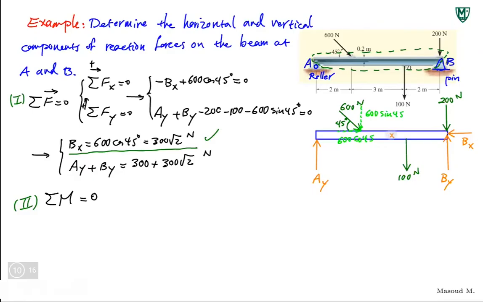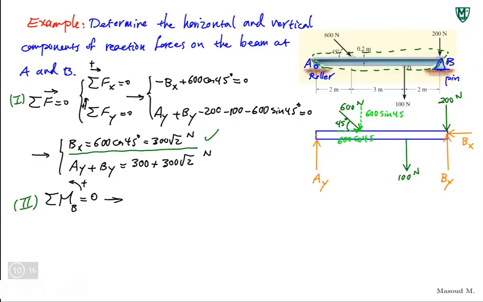But if I write the equation of moment about either point B or point A, because Ay is passing through point A and By is passing through point B, I get rid of one of them, which is good because then I'm going to have just one unknown in my equation. So I'm going to write it about point B, but you could also write it about point A, in which case you could get rid of Ay. Let's see what happens if I write it about point B.